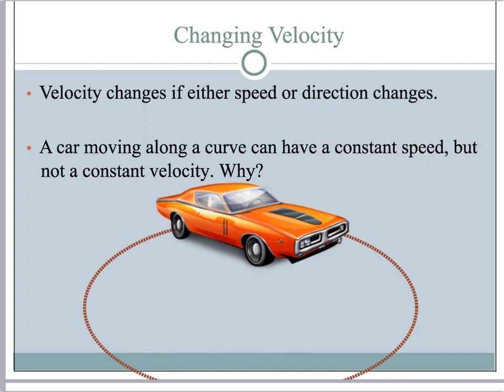It doesn't have to be both, but it can be one or the other. If you're speeding up or slowing down, you are going through a change in speed, which means your velocity is changing. If you take a sharp right turn in a car, your direction is changing.